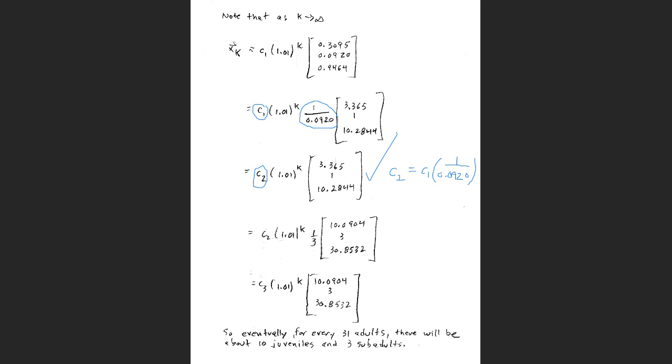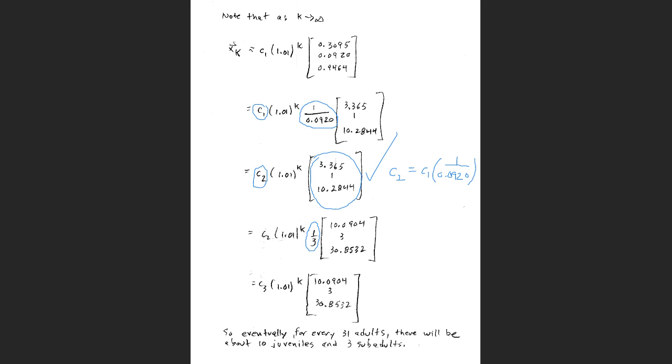And then what I'm going to do is multiply through this vector by 3 and then divide by a third. I don't want to change the vector.